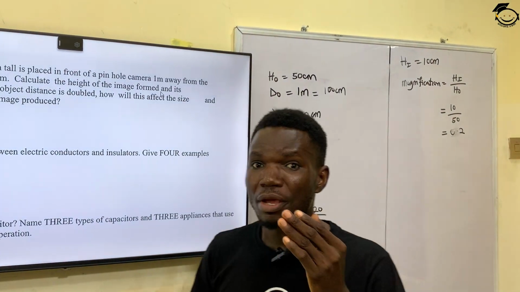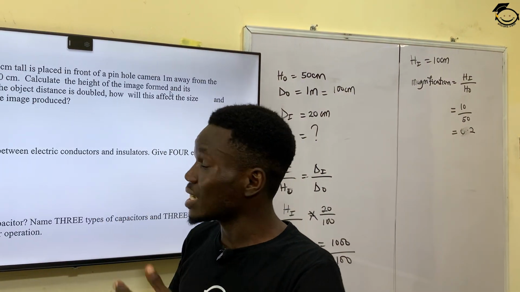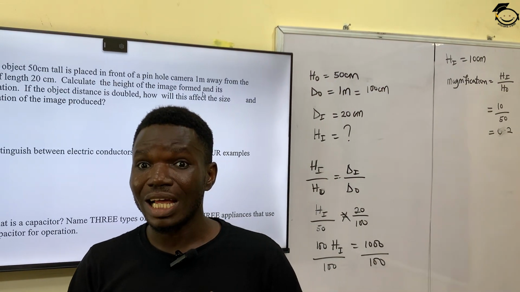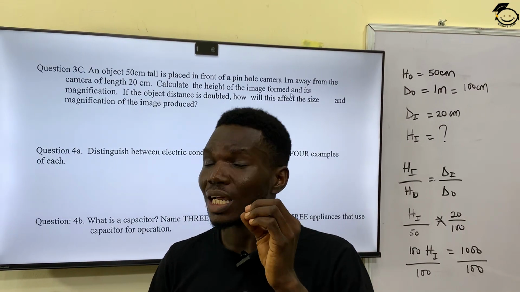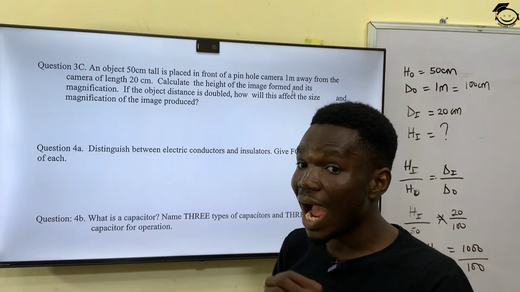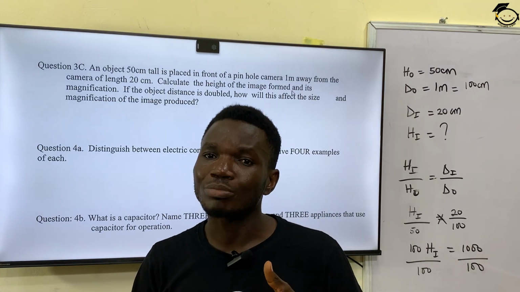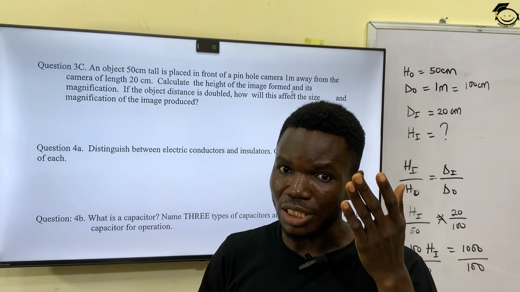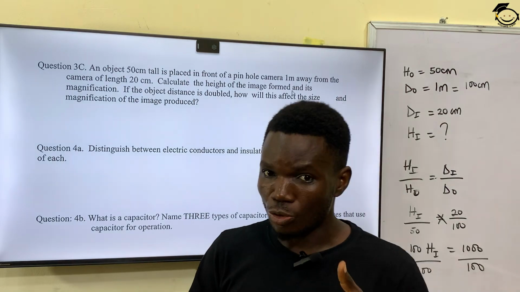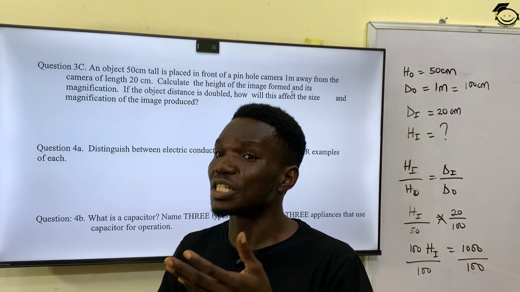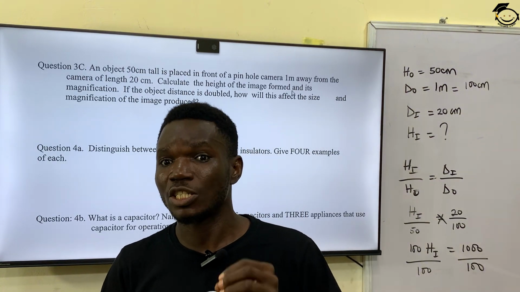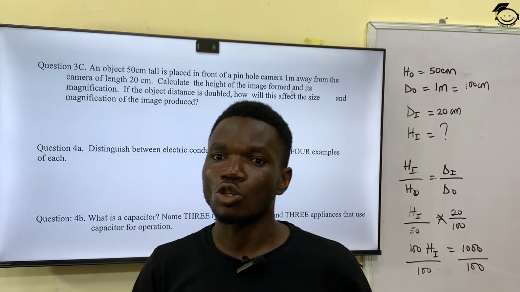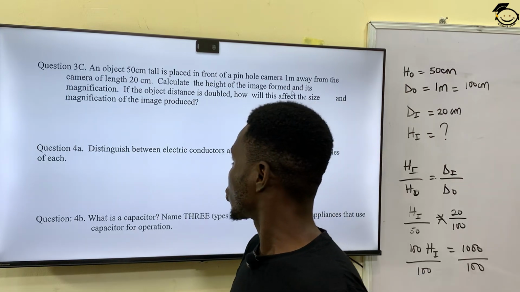Now, if the object distance is doubled, when the object distance increases, then the image height will reduce, because the object distance is increasing, the image height is reducing. And the magnification will also reduce. So long as the image height is reducing, the magnification will also reduce.